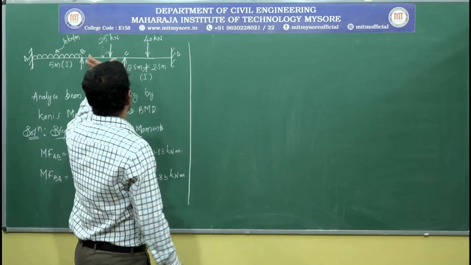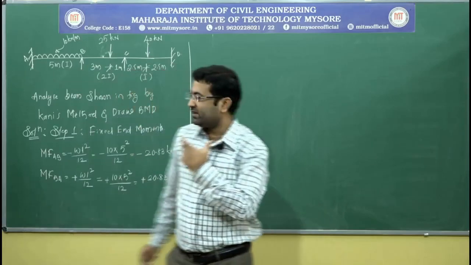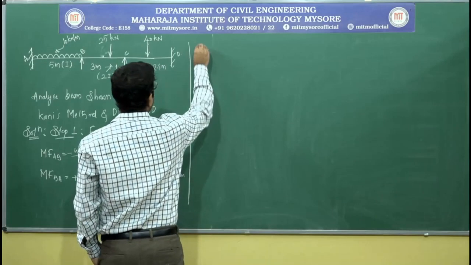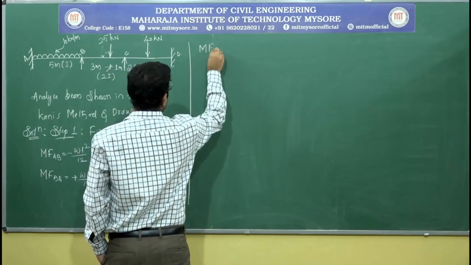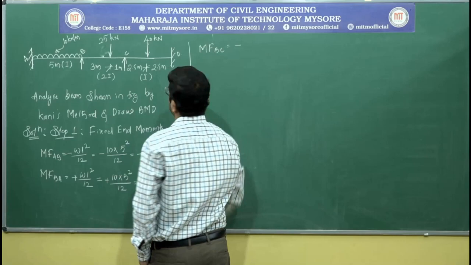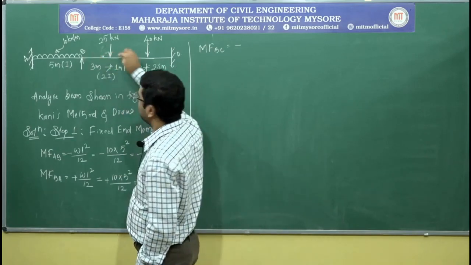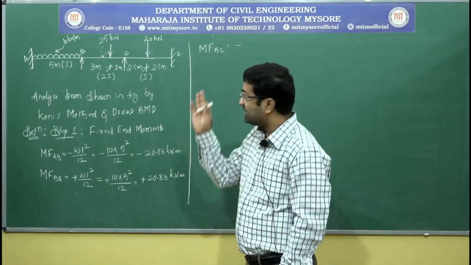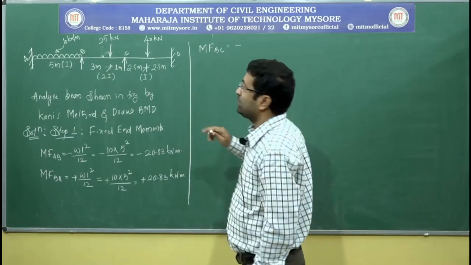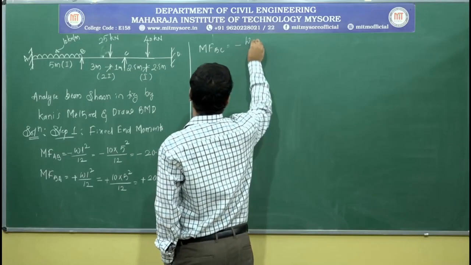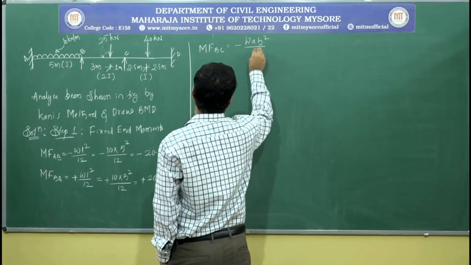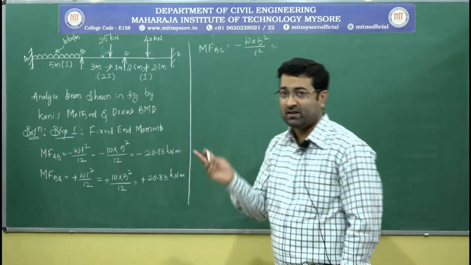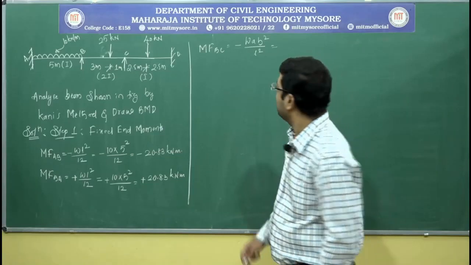Now similarly for the second span, for the span BC, we need to work out the fixed end moments, that is MFBC. You can see here on the span BC we have the eccentric concentrated load. So as the load is eccentric, we need to use the formula W A B square by L square. This is the formula to work out the fixed end moments whenever we have the eccentric concentrated load.